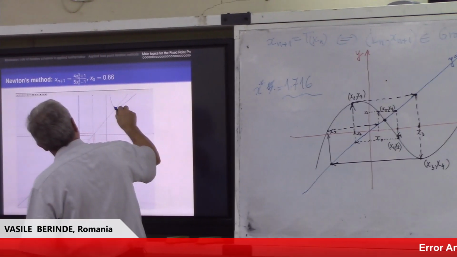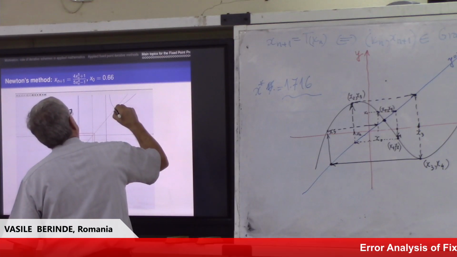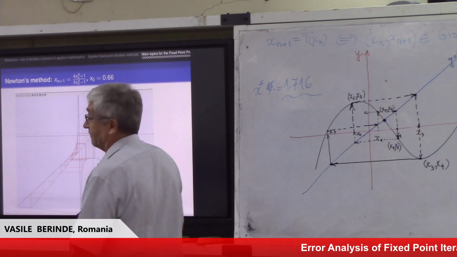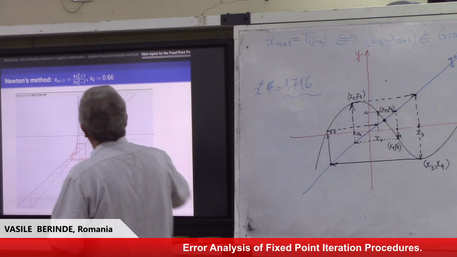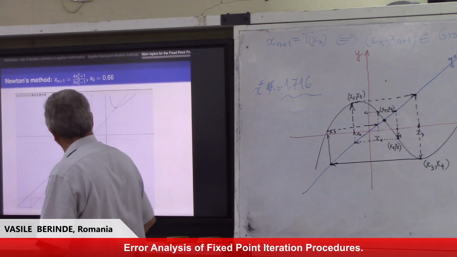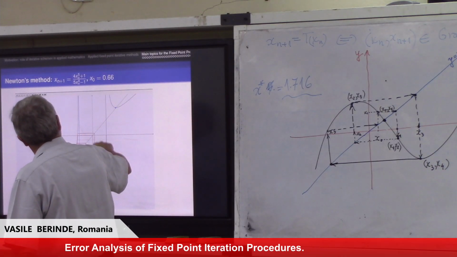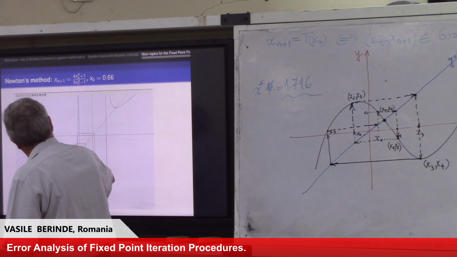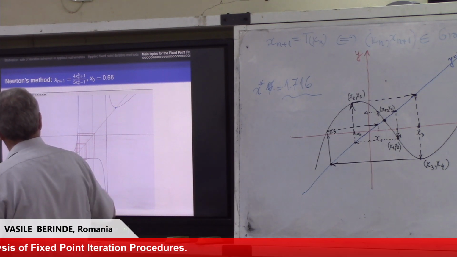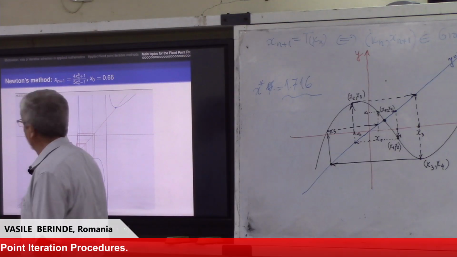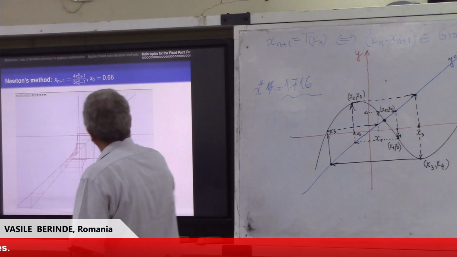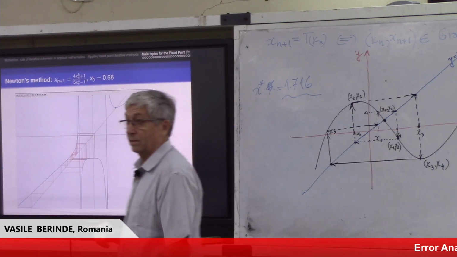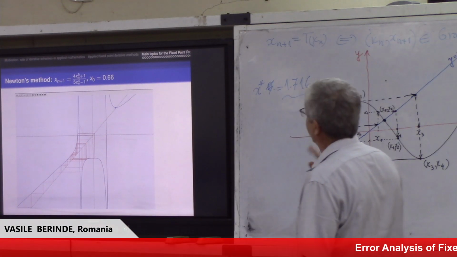Okay, this is the fixed point, and we start with this x0. What happened? You can see. We go there, first bisector, we go here, and what will happen? At the end, it will diverge. It will never go to this fixed point. This is what we can see.